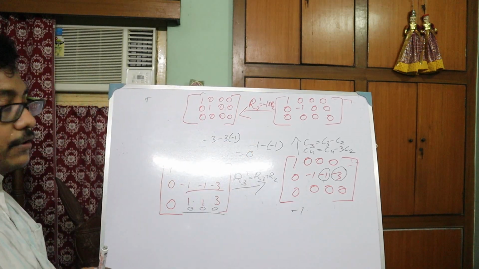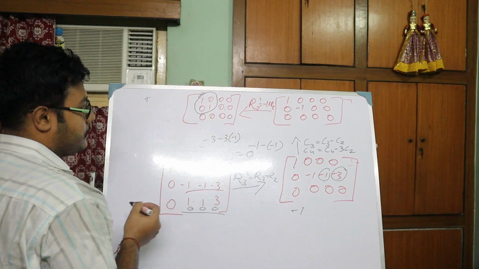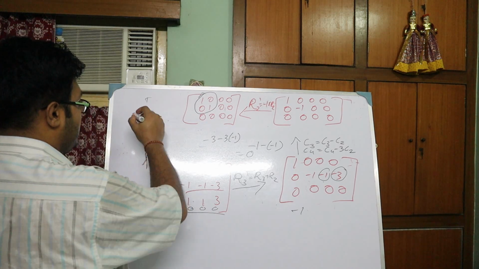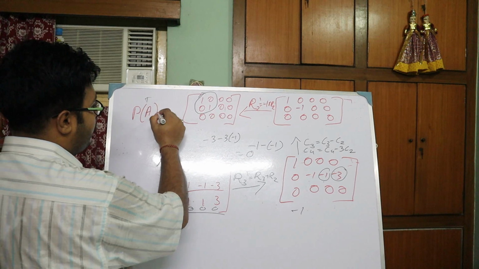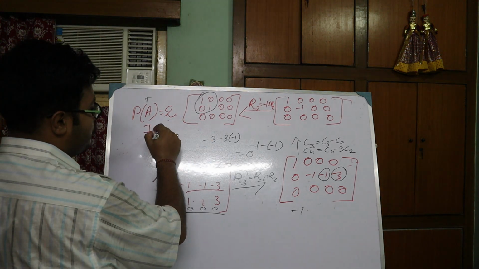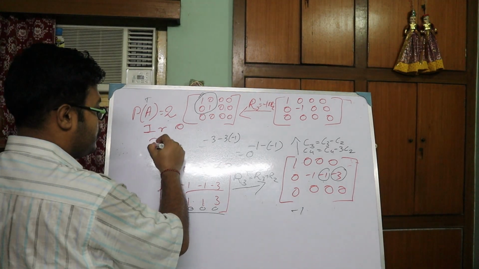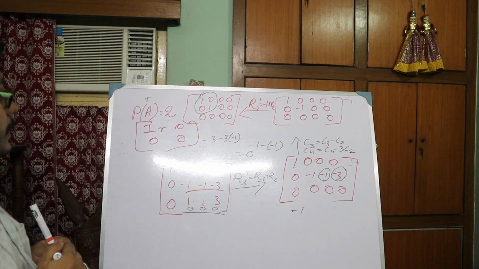It cannot be reduced to any further minor. So this part will be the identity matrix, and since it is a 2 cross 2 matrix, the rank of A is equal to 2, and this will be the normal form. We can write this as I_r 0 0 0. So this is the thing.